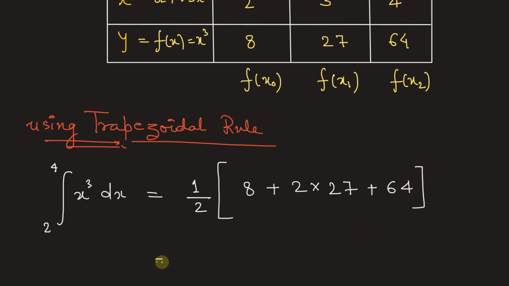Now if we calculate these values, we will get 63. You can use the calculator for this. And 63 is the value of the integral from 2 to 4 of x cube dx using the trapezoidal rule.